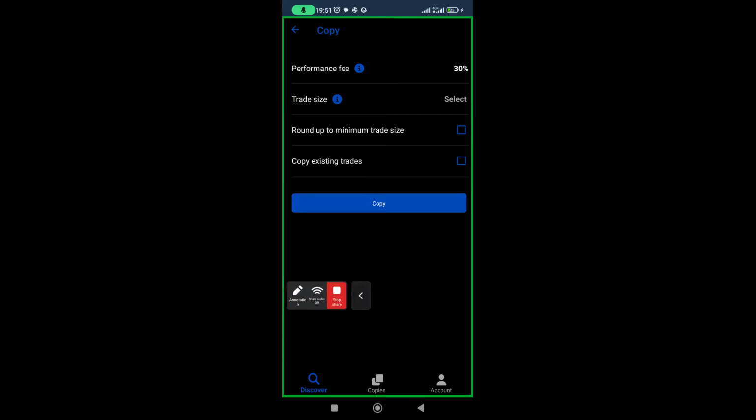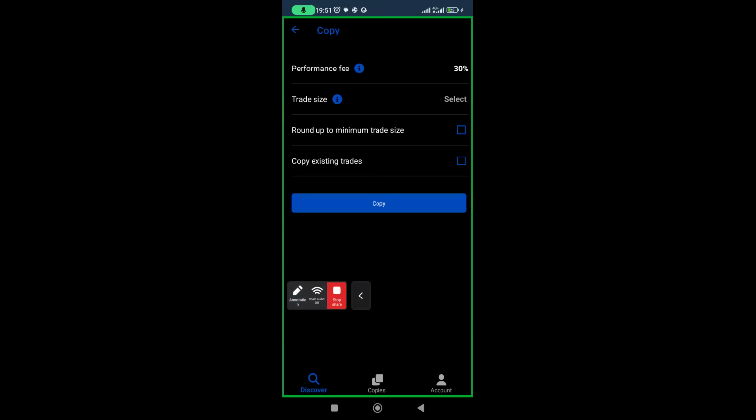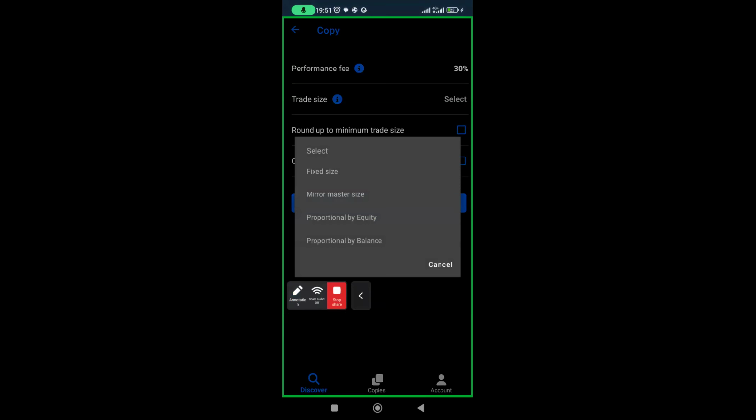Once you click on copy, first of all, take note of this place they call trade size. Mind you, this guy charges 30%. So whatever profit he makes for you, at the end of the day, 30% of that profit will be deducted from your account. So you click on the trade size, then select. Now, always consult your account manager before you do this.